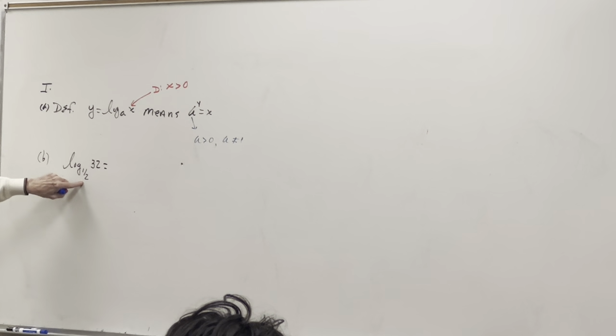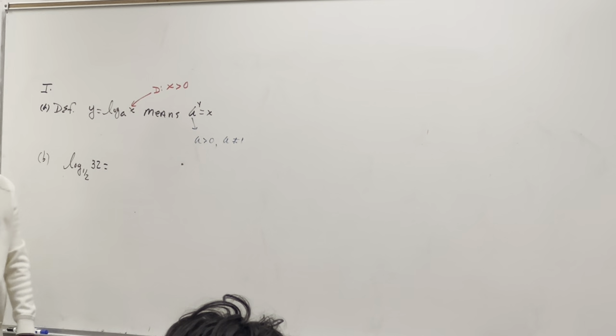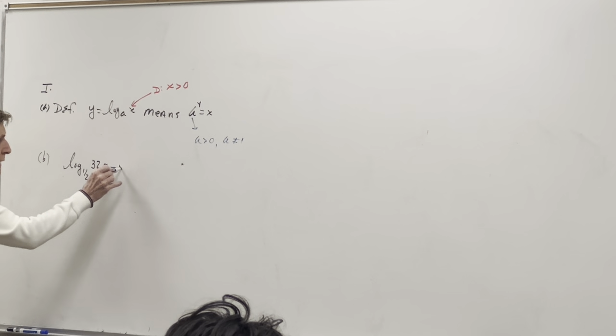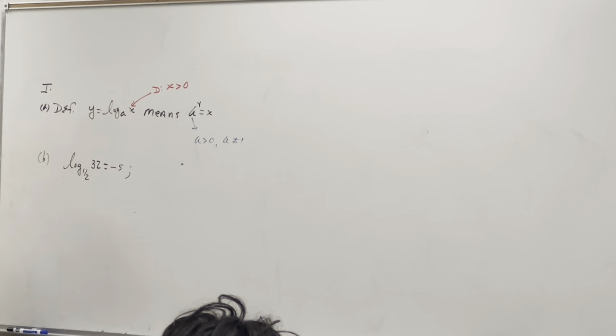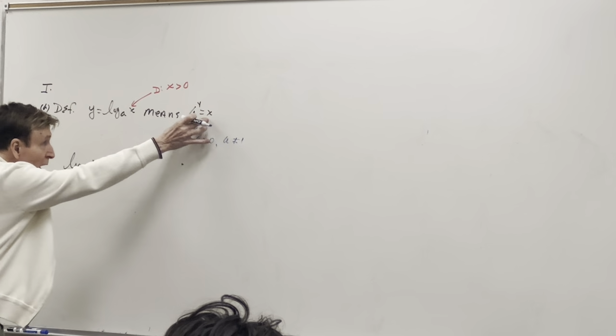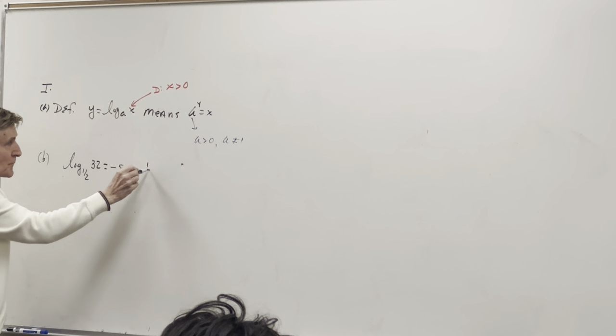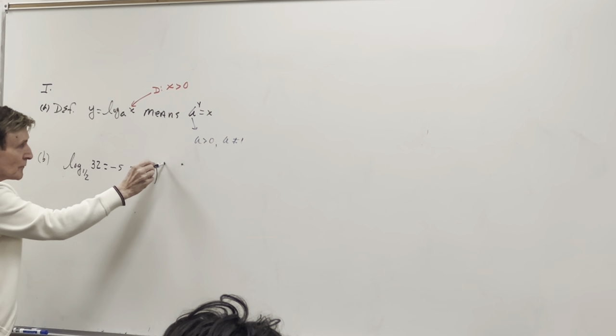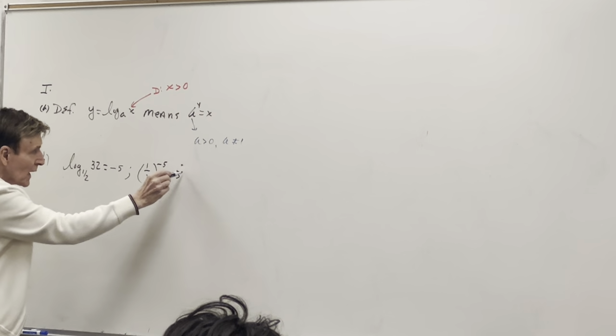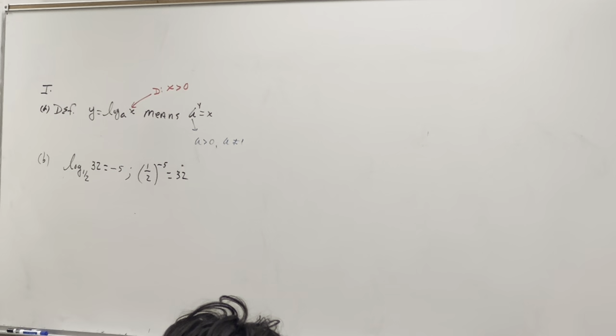And the 1/2, the a, is greater than 0. So there's an answer. I hear -5. Joseph, if you say -5, you've got to tell the class why. Show me what it looks like here. That's exactly right. 1/2 raised to the -5 is 32. It's from basic math. That answer works out for me.